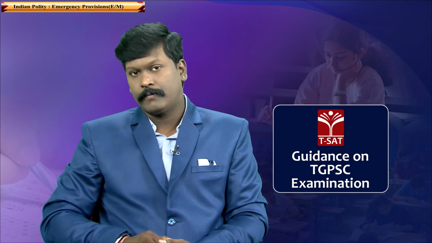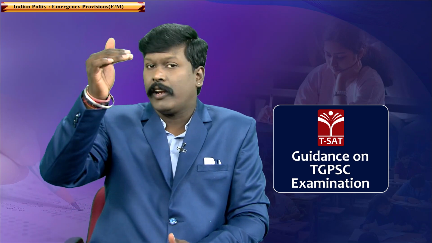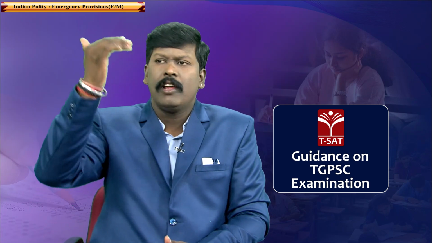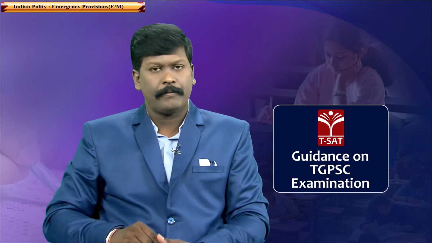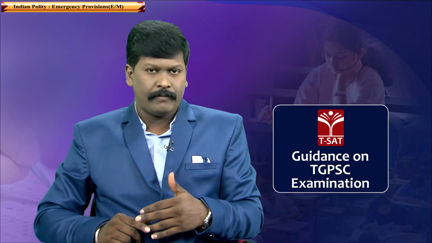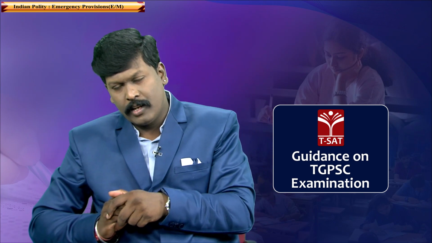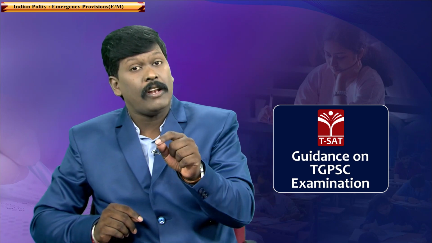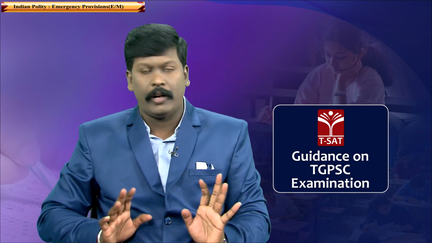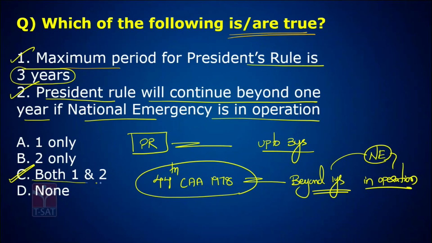Every 6 months, there should be a renewal. In this way, it cannot be continued beyond 3 years. Every 6 months renewal, maximum 3 years. But after 1 year, if the state emergency is to be continued, the national emergency must be in operation. That is a point. Okay. This is your answer. Both 1 and 2 are correct.